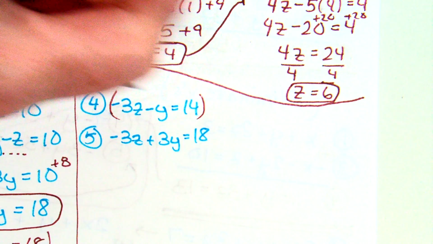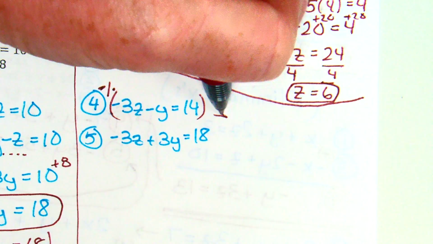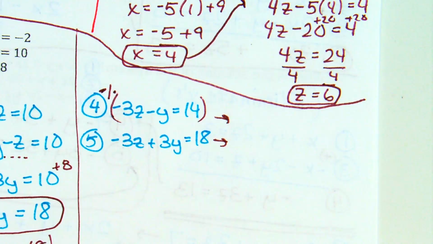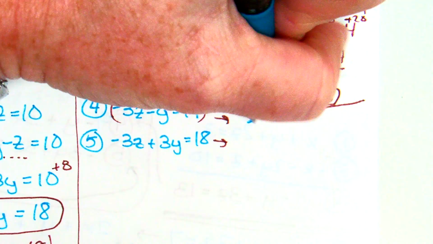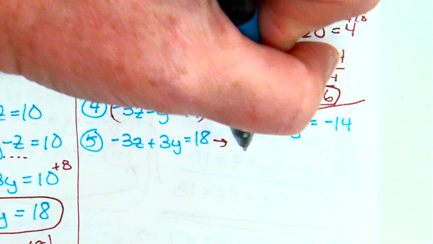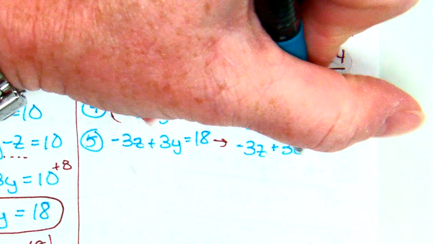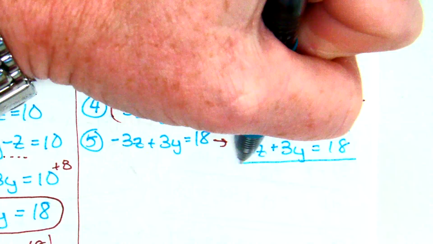If I multiply my top by a negative, let's look at what we end up with. My equation is going to become positive 3z plus y equals negative 14. My bottom equation is going to stay negative 3z plus 3y equals 18.